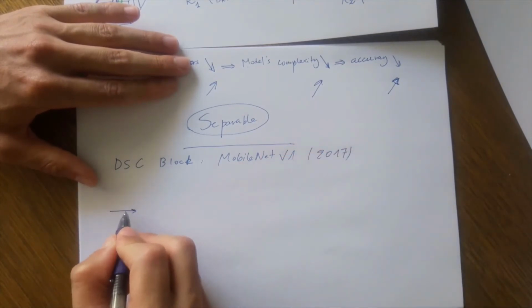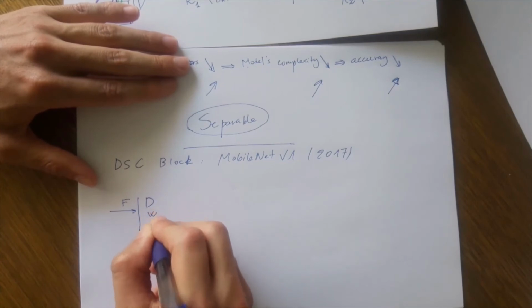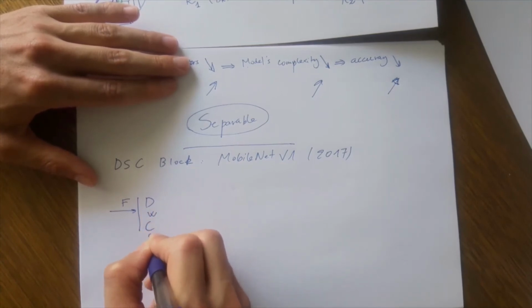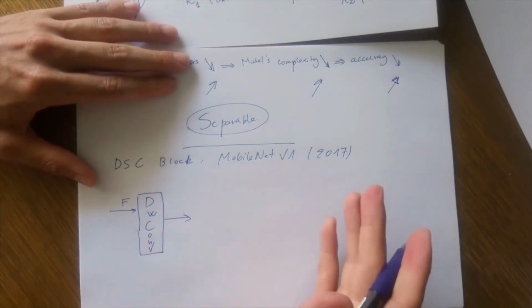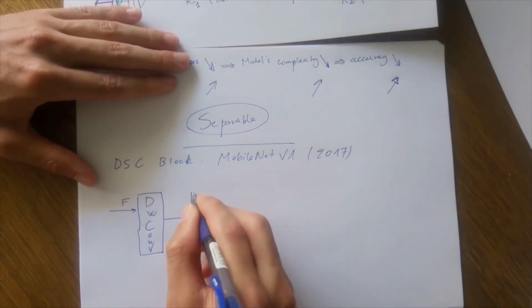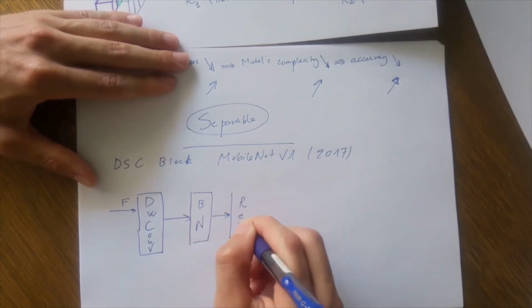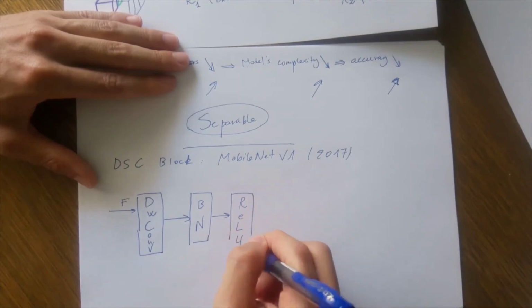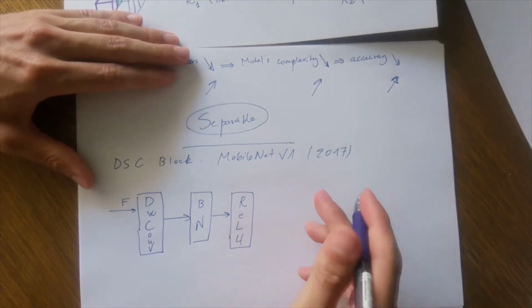So this is what they do. They take the input f, right? They apply depthwise convolution. Then before applying the pointwise convolution, they perform a batch normalization. Then they apply a nonlinearity. They apply ReLU 6, I think. And well, I'm sure that it's ReLU, but which kind of ReLU, I'm not sure.